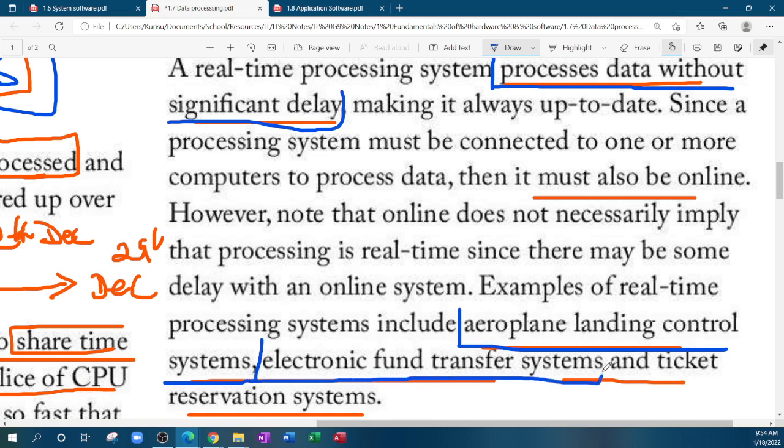Electronic fund transfer system. Imagine you're at the bank and your parents are taking money out of the bank so that they can buy something for you. And imagine if the bank is using a batch processing system. Now, you would have to wait for a specific time for your parent to get their money, for the bank to process that.